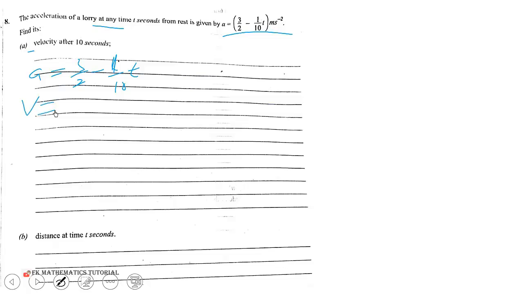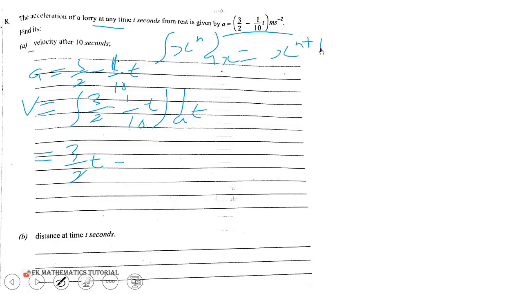So v will be equal to the integral of (3/2 - (1/10)t) dt. Recall that when we are integrating, we add to the exponent. So when we integrate x^n dx, we get x^(n+1) over (n+1) plus c.